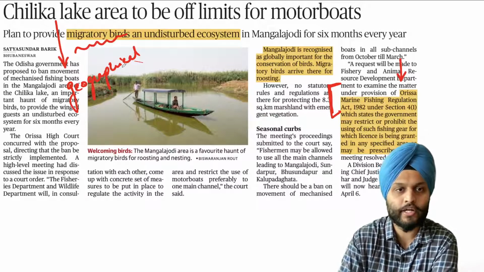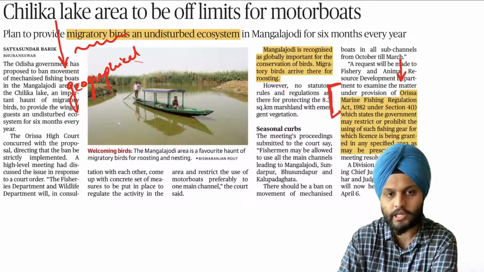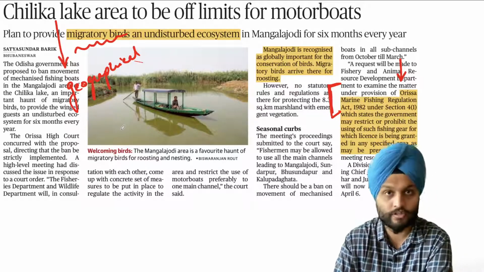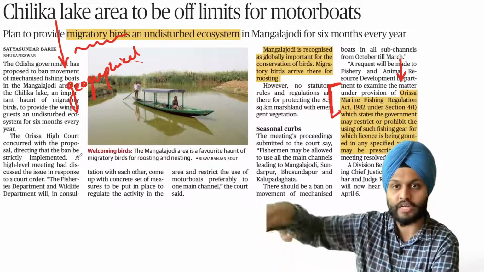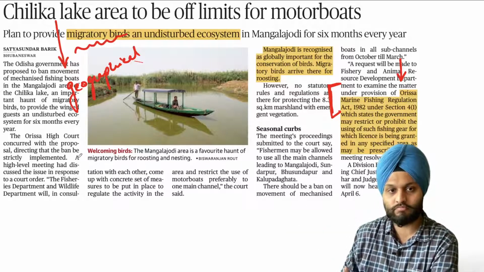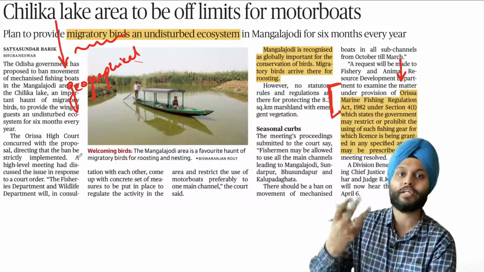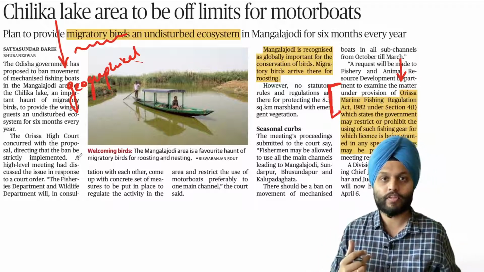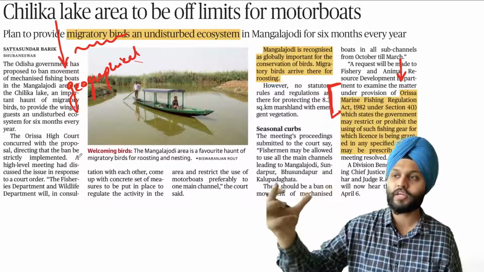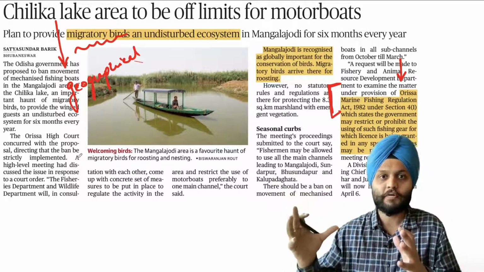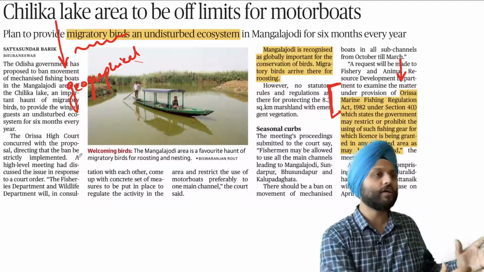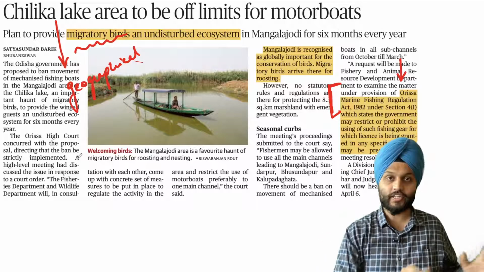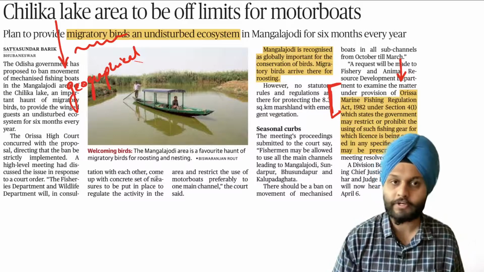Now talking about migratory birds, you may know that since it is international, these birds travel internationally. So there needs to be an international mechanism for protection. Imagine Indian migratory birds are there. If they are disturbed in Sri Lanka or any other state, you will not like that. So some sort of international cooperation is there.